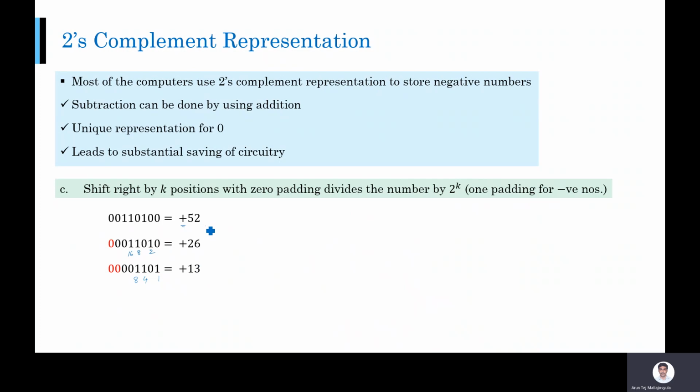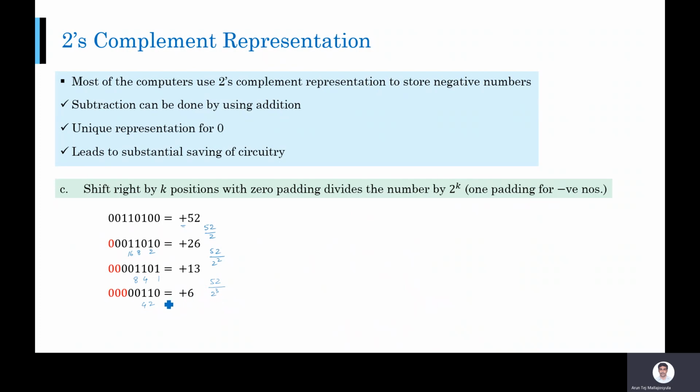So when I am shifting right by one position, I am dividing 52 by 2, 52 by 2 square, and so on. Once again, I shift by one more position, and I get 2 plus 4, which is 6. Now this is 13 and this is 6. When you exactly divide it, you should get 6.5, right?